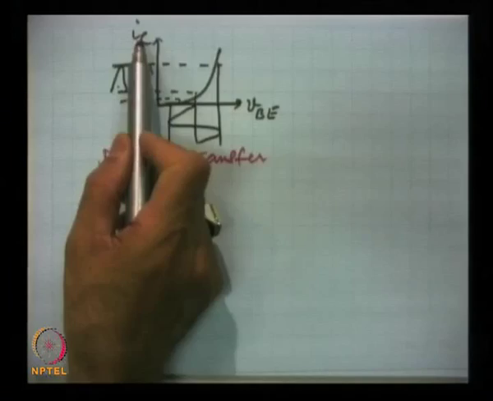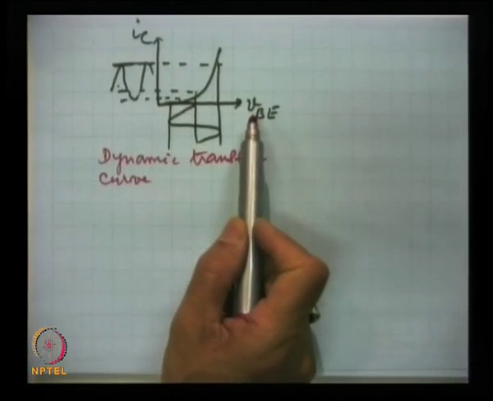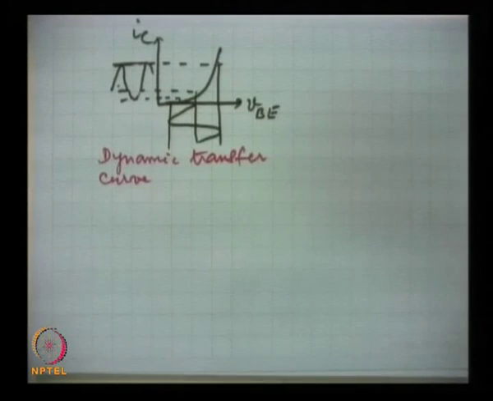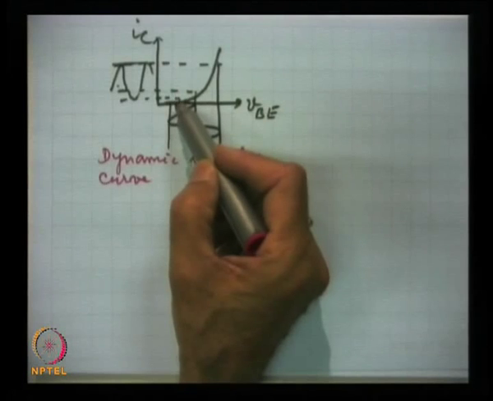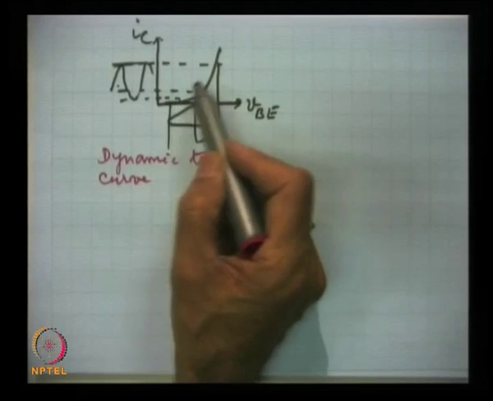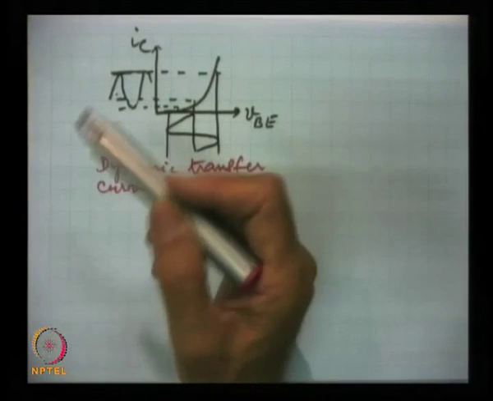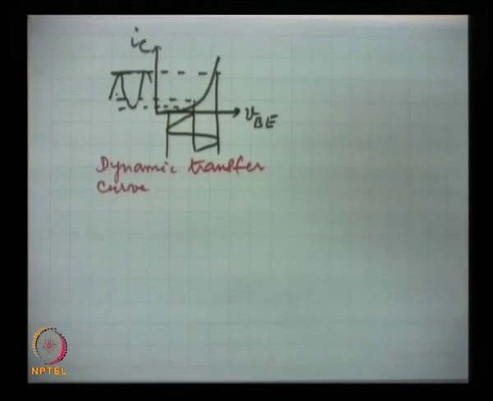Here it is output current versus input voltage, that is the transfer curve, and it is non-linear, and we are going to use the whole part of it, and this is bound to give the distortion. And as a result of this non-linearity, other than the signal frequency, the multiples, the harmonics will also be present.